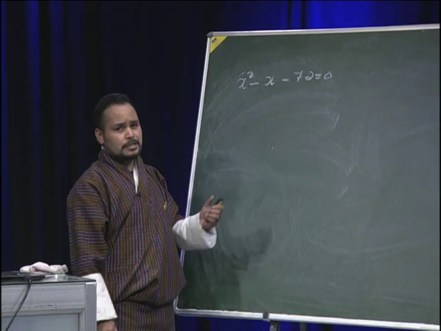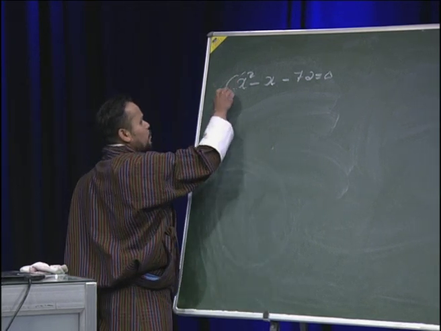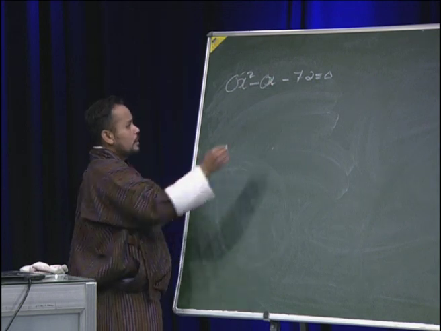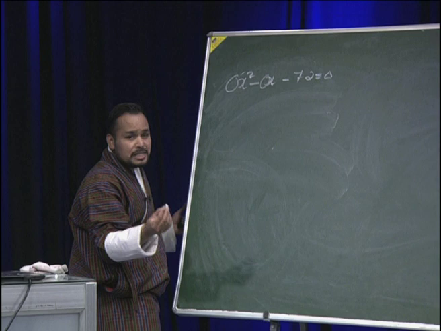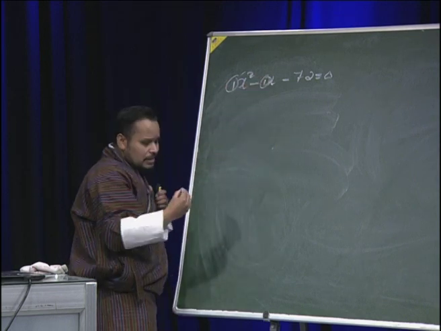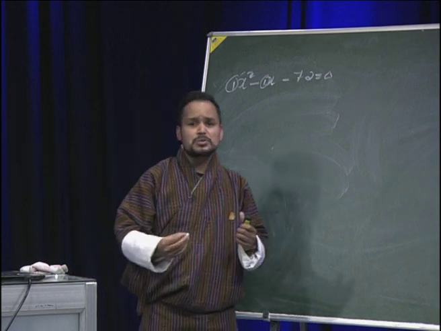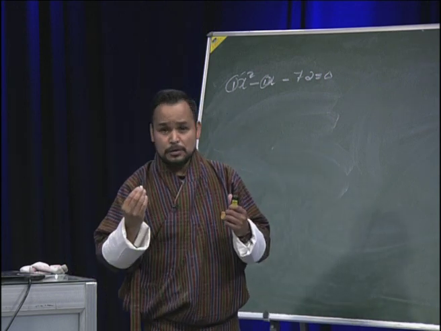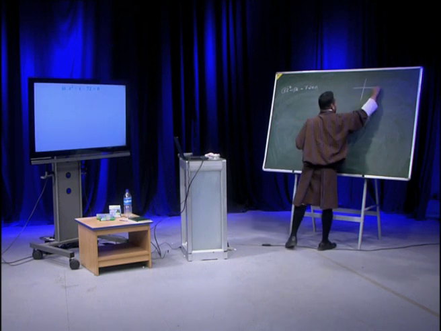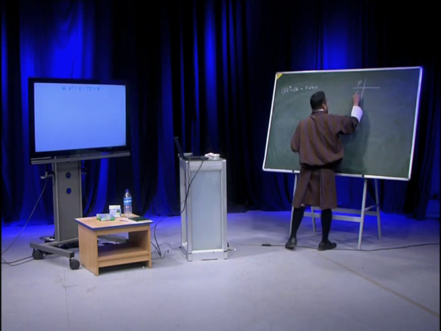Now in this case, the coefficient of x square and the coefficient of x are very small numbers. Here the number is not visible, it means the number is 1. Since the numbers are very small, you can use the sum and product rule method. So let me identify my product, let me identify my sum.